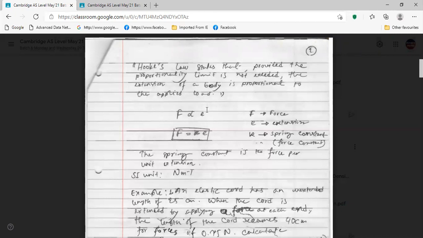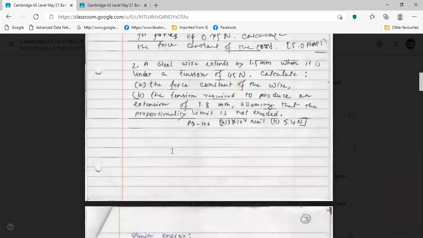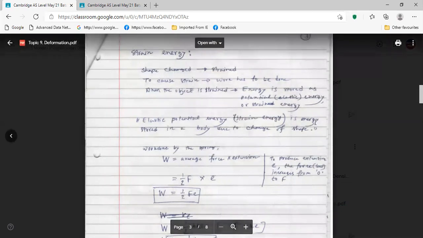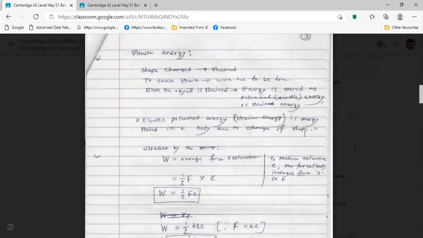Done. So here K is the spring constant, right? Now strain energy. Give this the heading strain energy. And here is the definition of strain energy. Strain energy is energy stored in a body due to change of shape.